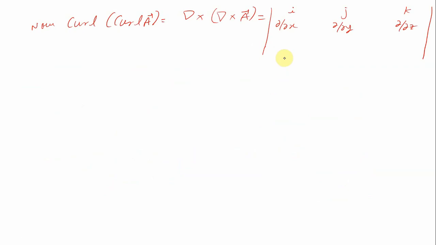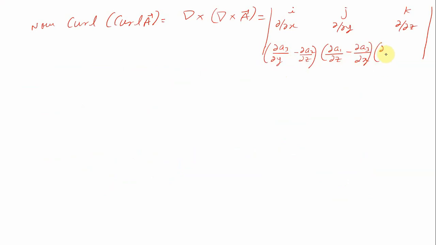So this is going to become dou a3 upon dou y minus dou a2 upon dou z. Next here I am going to substitute dou a1 upon dou z minus dou a3 upon dou x.